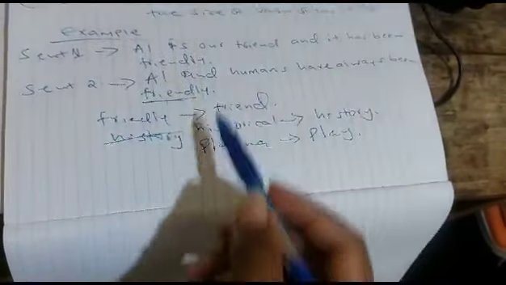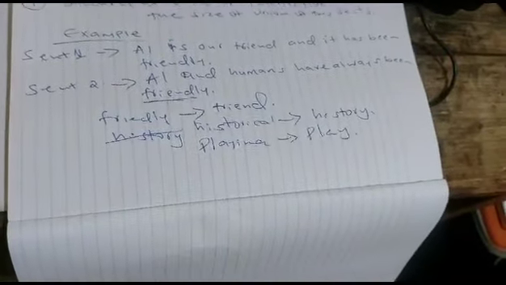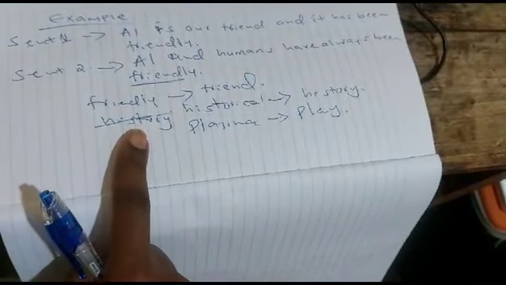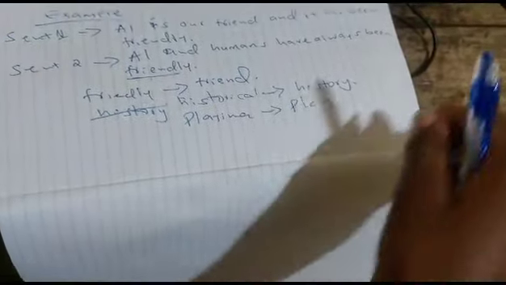So these sentences will be reduced to their base form, they will be lemmatized. After lemmatization, let us draw the Venn diagram.